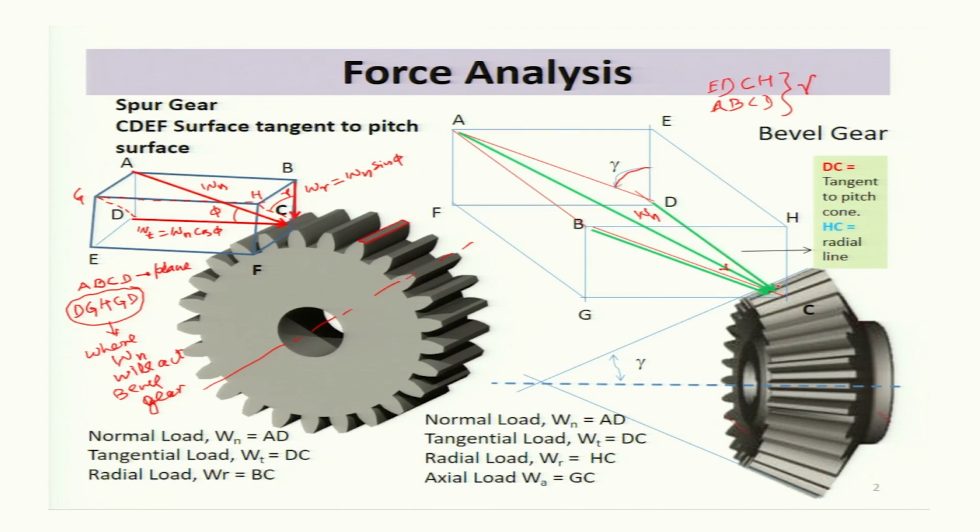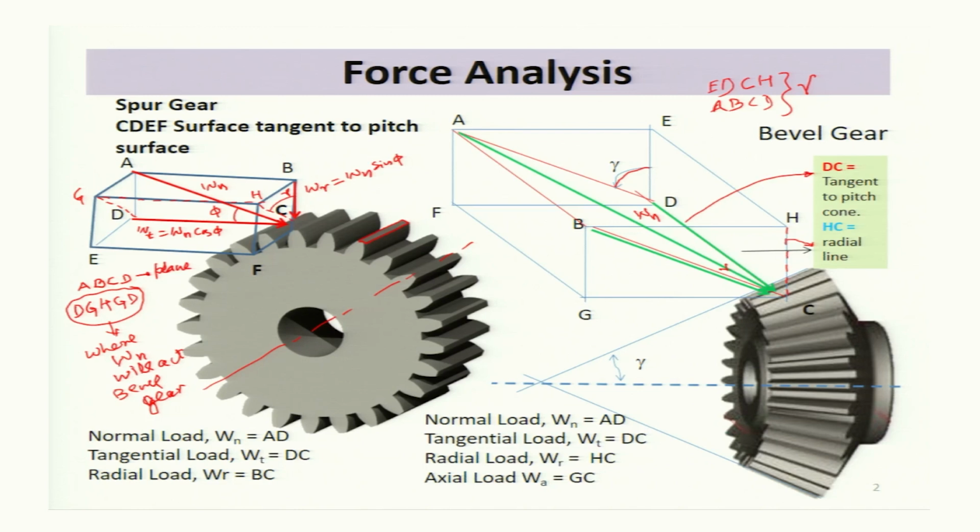So, this HC is the radial line or the radial direction. And your DC is the tangential direction because it is tangent to the pitch cone.